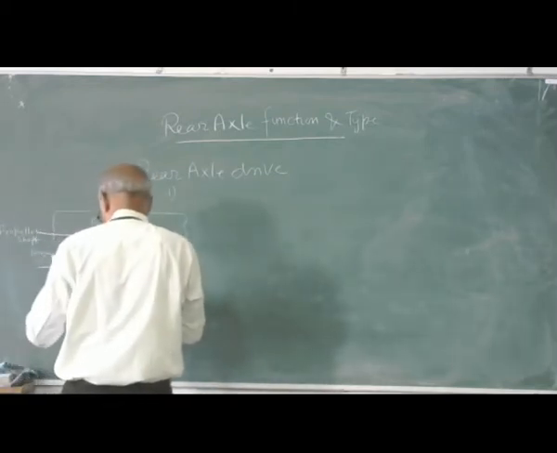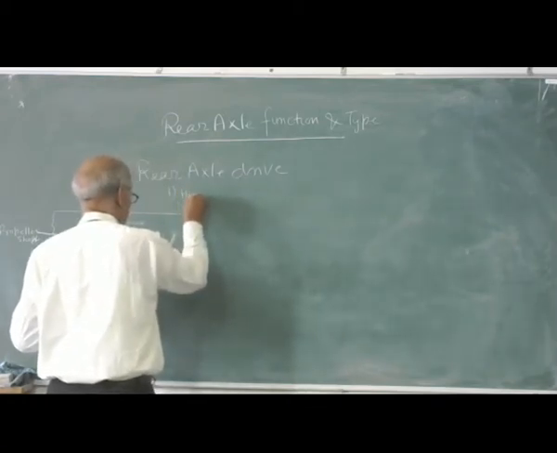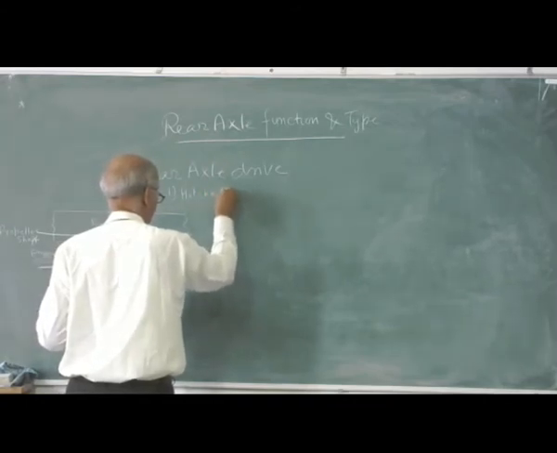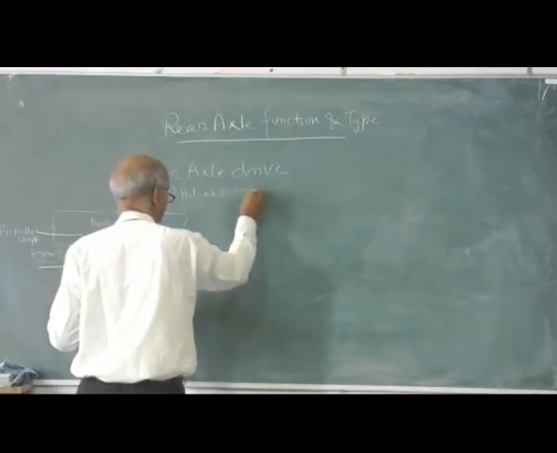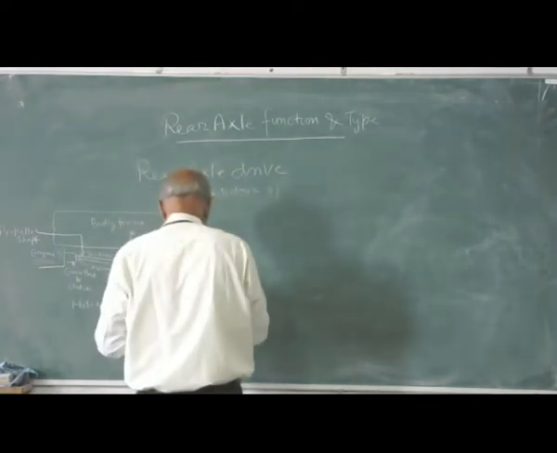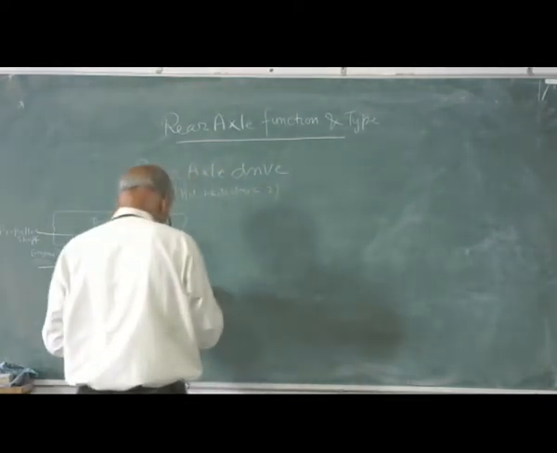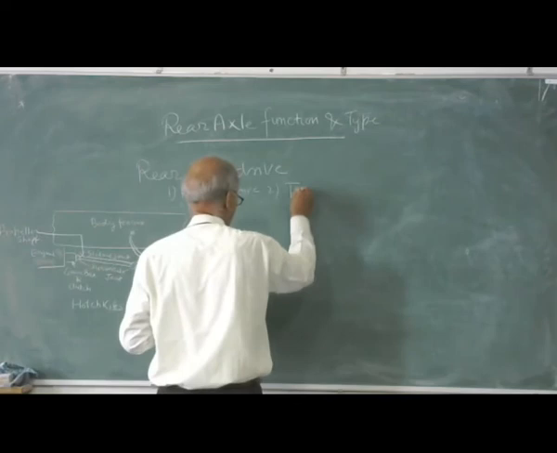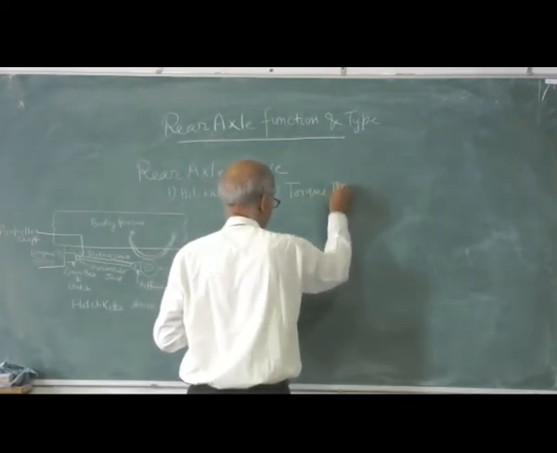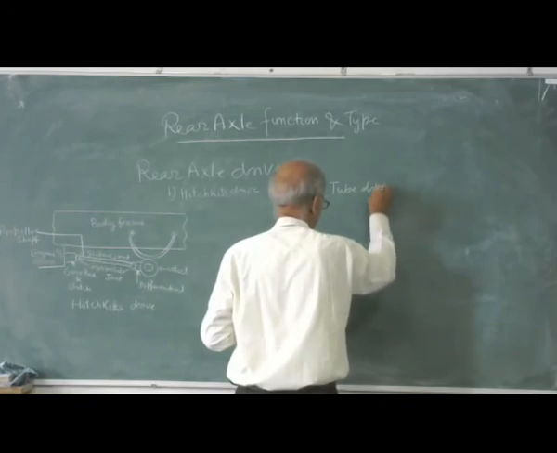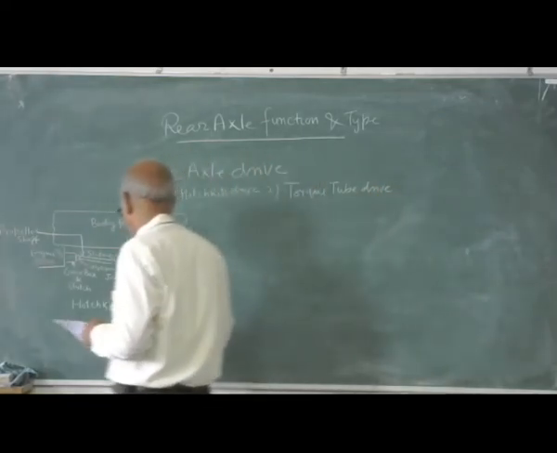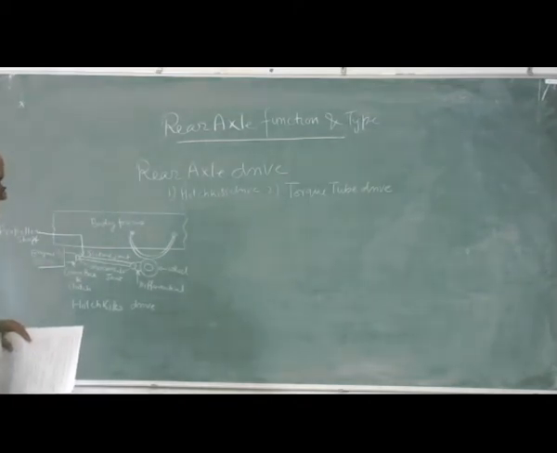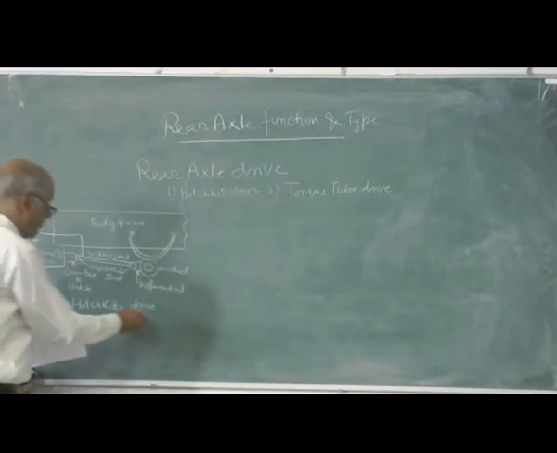One is Hotchkiss drive, and the second one is your torque tube drive. Okay, basically there are two types of drive in a vehicle: Hotchkiss drive and torque tube drive. This I have drawn a figure of.